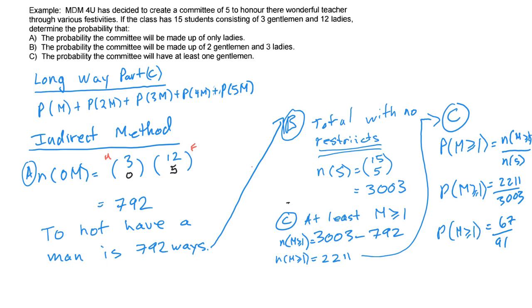So therefore, the probability of getting at least one man is 67 out of 91.